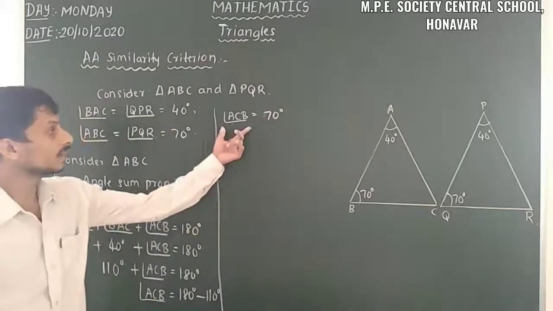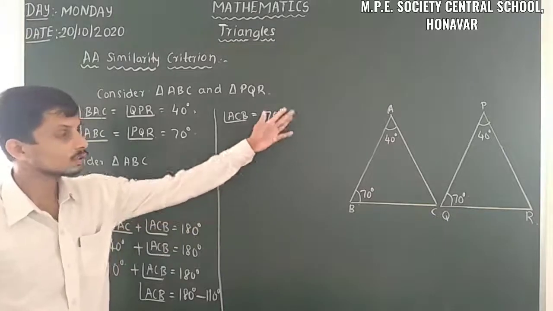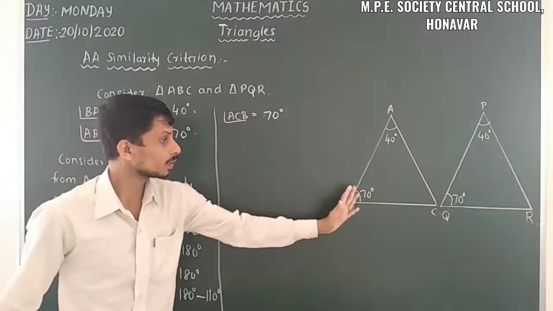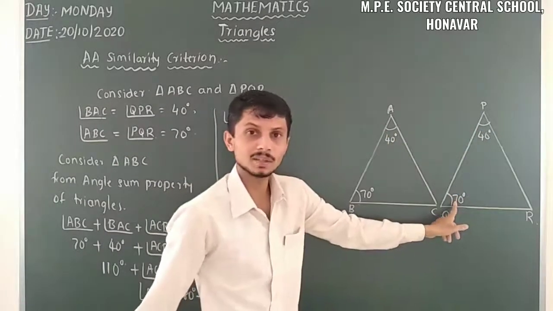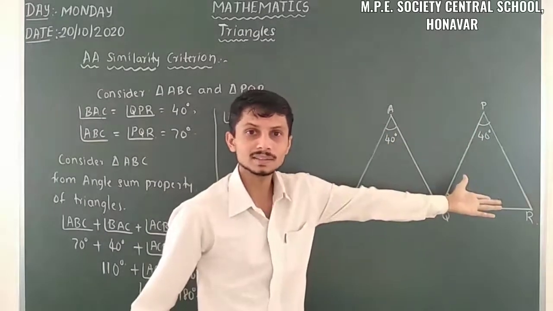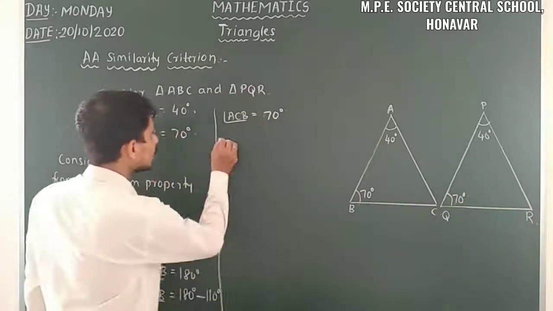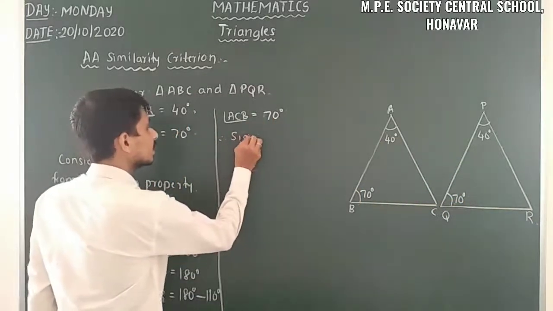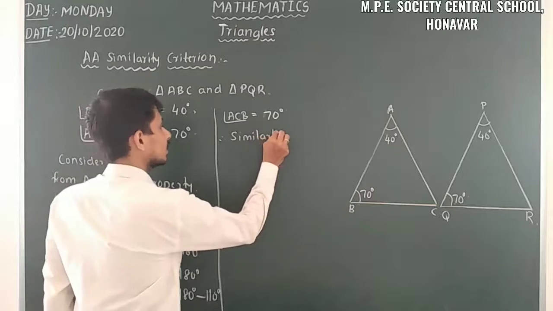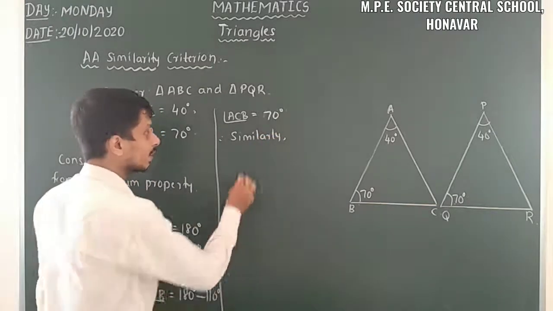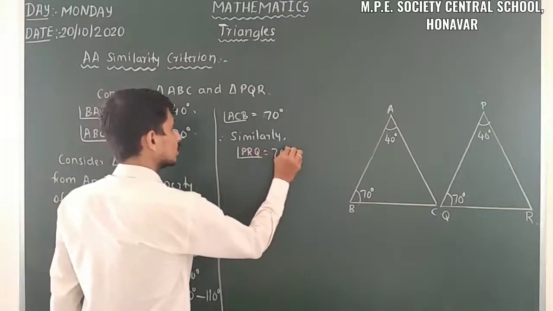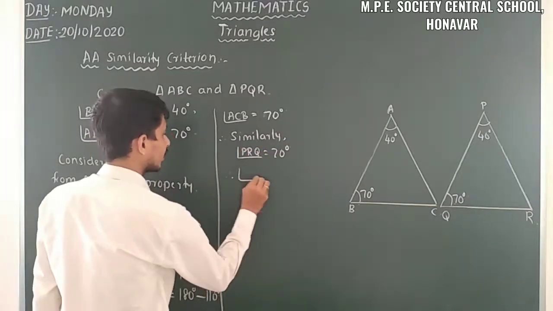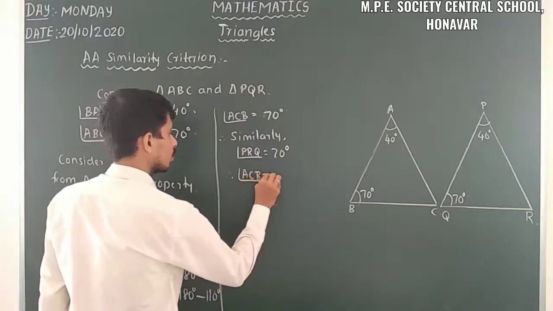If angle ACB is equal to 70 degrees, the other corresponding angles are 40 degrees and 70 degrees, so the other angle is also 70 degrees. Similarly, we can take angle PRQ is also 70 degrees. Therefore angle ACB is equal to angle PRQ.